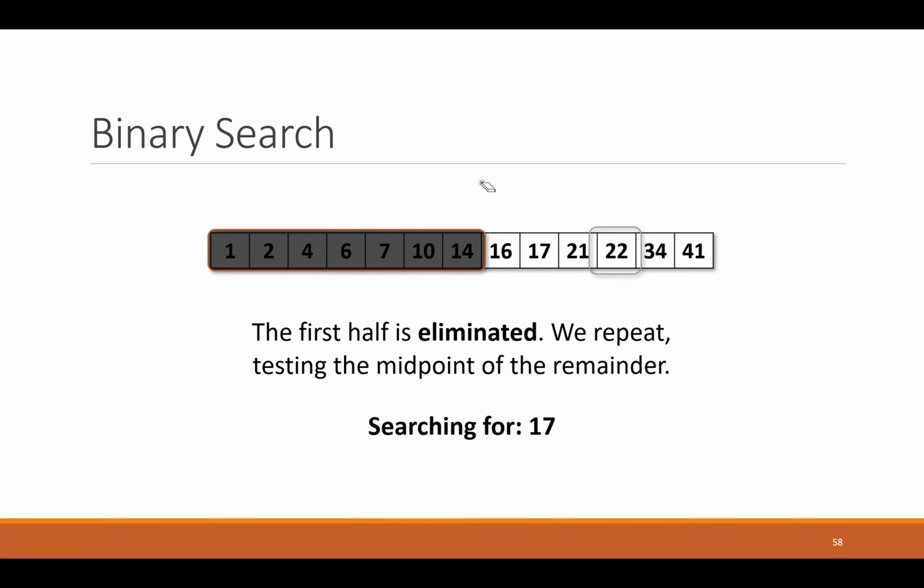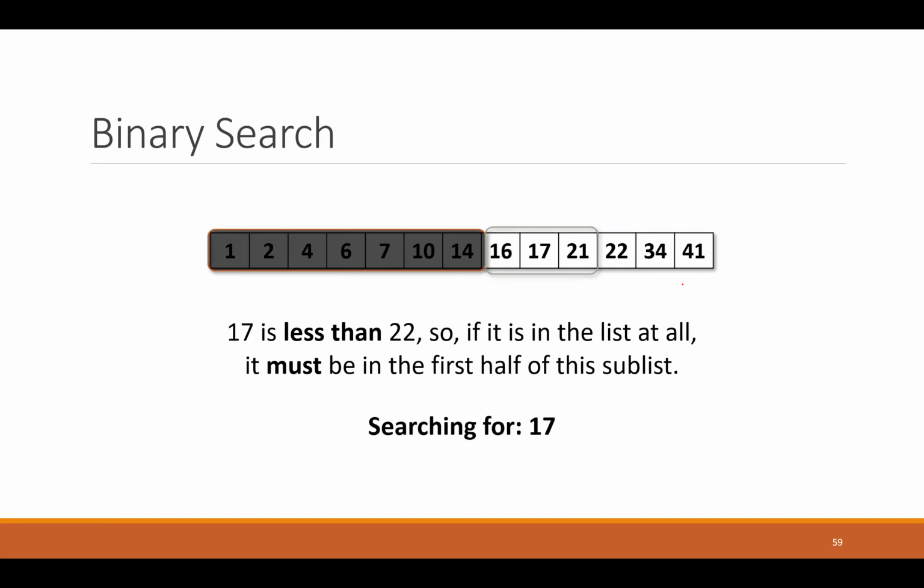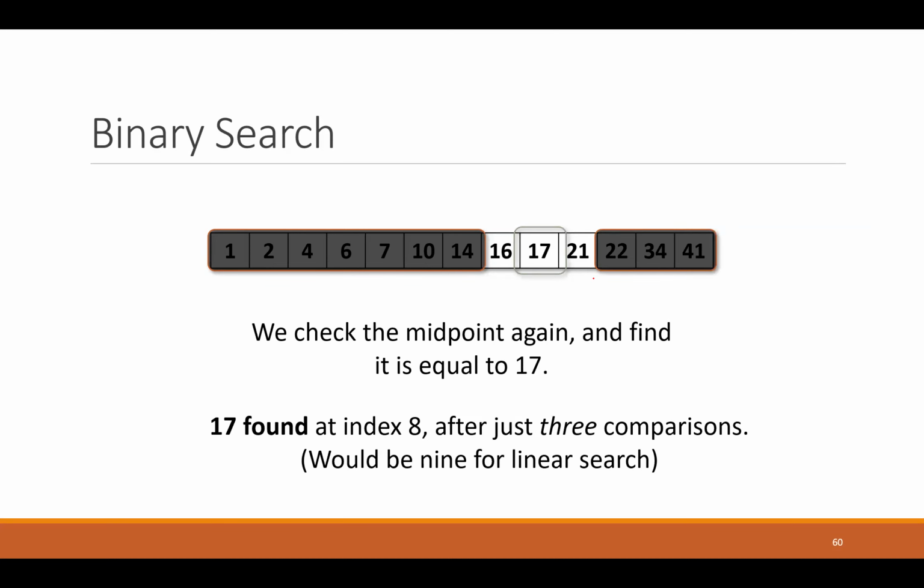Now I'm again going to jump into the middle of the list I have left, give or take 1. Is 22 equal to 17? The answer is no, but I know that 17 is less than 22. So now I'm going to reserve my search for these 3 elements and ignore the rest of that sublist.